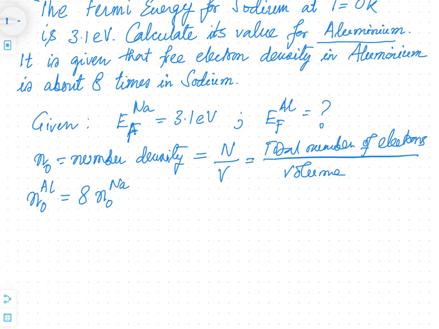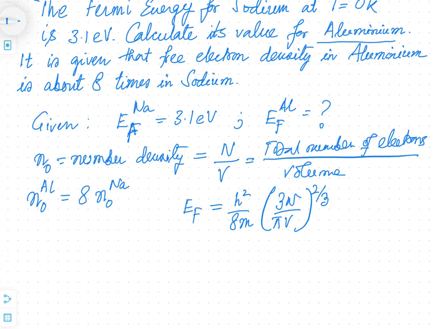So what is the theory or the formula that is required to calculate or compute the value of Fermi energy for aluminium? I require this theory, that is Fermi energy is equal to h square by 8m, bracket 3N by pi V to the power 2/3. So Ef is the Fermi energy, h is Planck's constant, m is mass of electron, capital N is the total number of electrons, V is the volume. So this is the theory that is required.